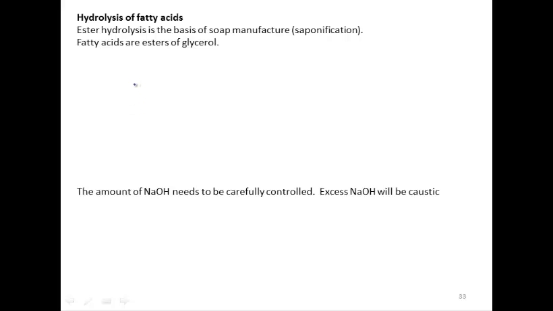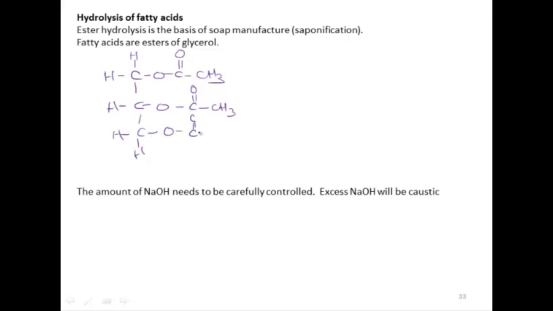Hydrolysis is the basis of soap manufacture, which is called saponification. Fats are esters of glycerol. So if we just look at what this looks like, here's our ester. This is our fatty acid.